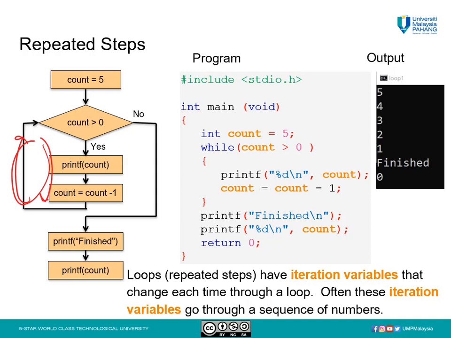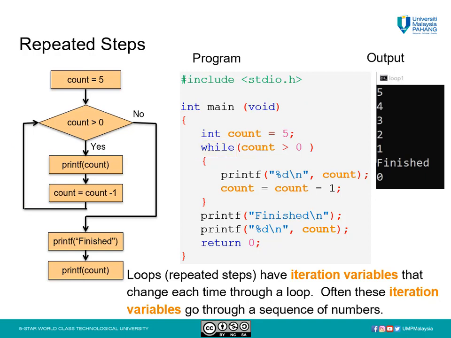One is the while keyword, and the other is the for keyword. I will use the while keyword to explain the concept of loop or iteration, and in another video we will explain more about while statement and for statement.